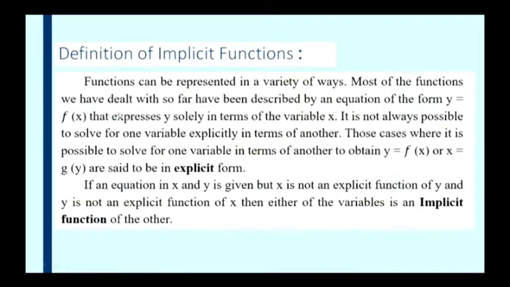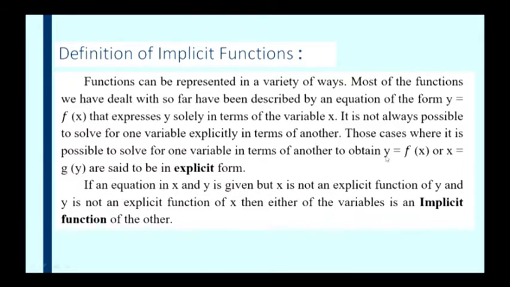Definition of implicit function. We can express functions in different varieties. Most of the functions we can write like y equal to f of x, that fully depends on variable x, and it is not always possible to solve for one variable explicitly in terms of another.